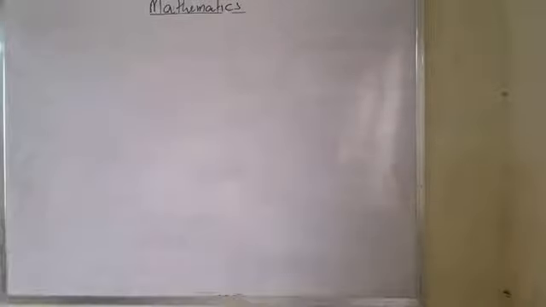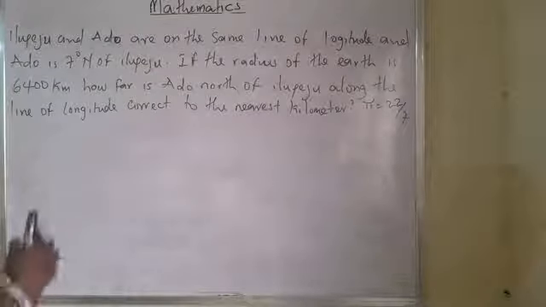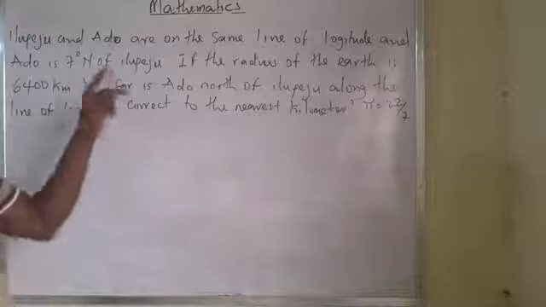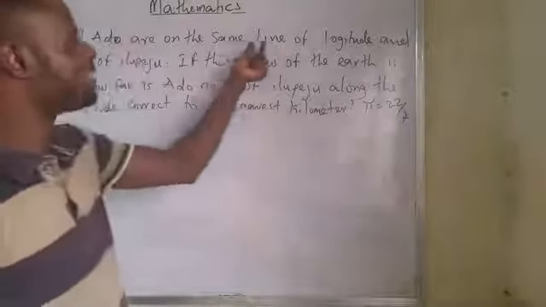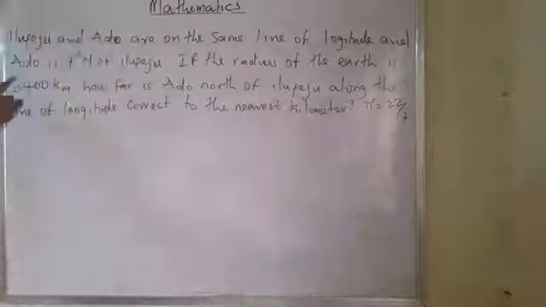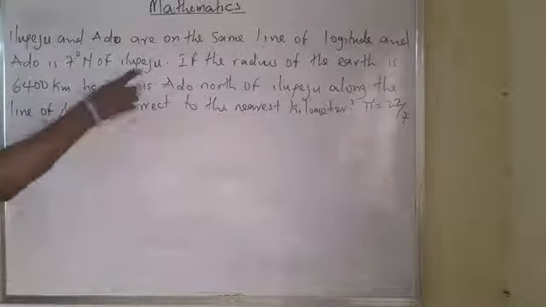Now, look at this word problem. Very simple one, but let's say this can be a post-UTME exam. Ilupeju and Ado are on the same line of latitude, and Ado is 7 degrees north of Ilupeju.